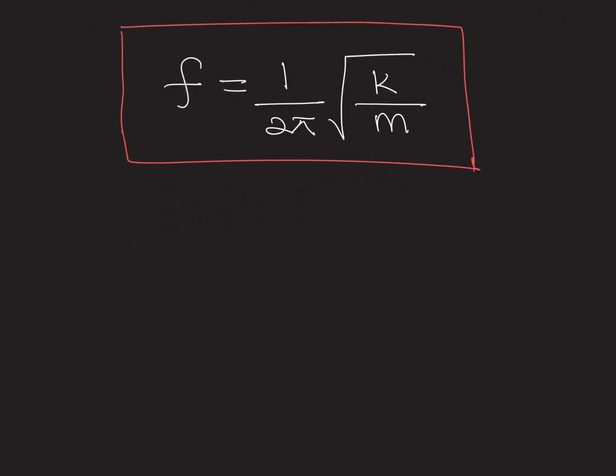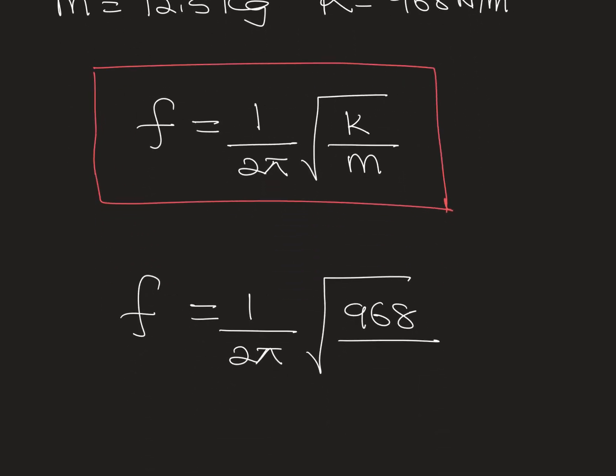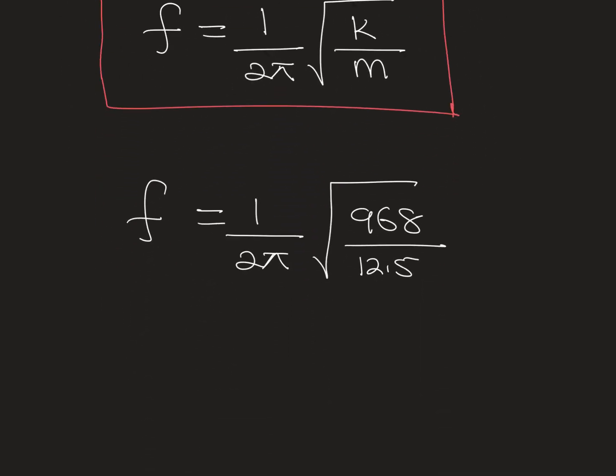So if that is the case, let's try to substitute. We're going to have F is equal to 1 all over 2 pi, the square root of K, which is 968, divided by the mass, which is 12.5 kilograms.